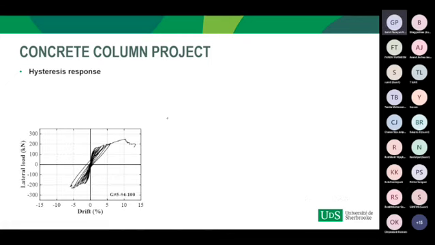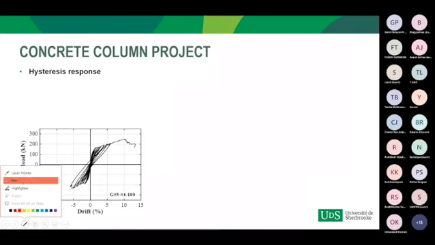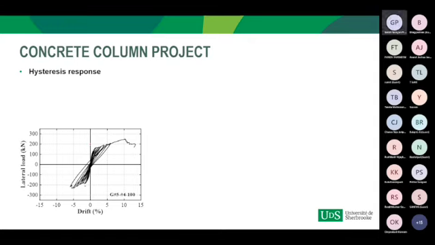The hysteresis response of the GFRP reinforced concrete column showed a small degradation. Here we can see a small degradation due to concrete deterioration and concrete spalling, and later the lateral load increased, reaching a second peak.